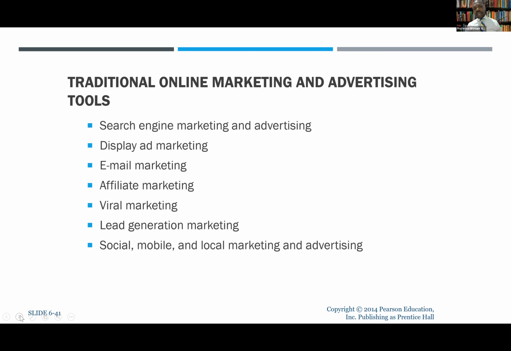Traditional online marketing advertisement tools. So what are some of the tools that can be used to enhance online marketing? As we said before: search engine marketing and advertising, display marketing, email marketing, affiliate marketing, viral marketing, lead generation marketing, and social, mobile, and local marketing and advertising.